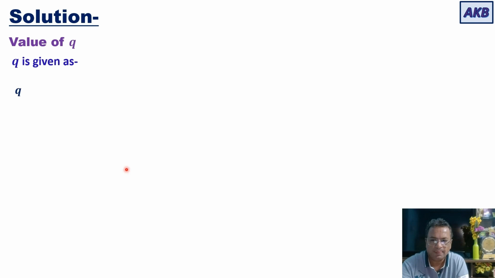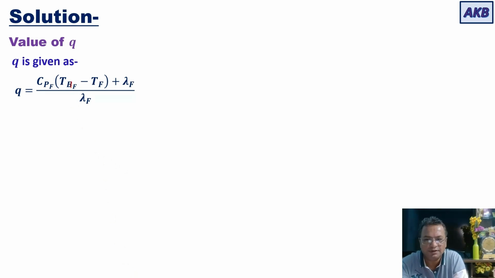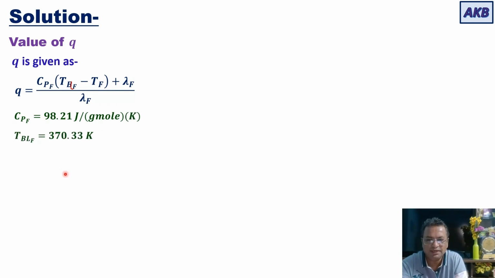So Q, we had this equation: CPF into (TBLF minus TF) plus lambda F, divided by lambda F. CPF we got 98.21 joule per gram mole per Kelvin. TBLF is 370.33 Kelvin, and TF, the feed temperature, is 295 Kelvin.